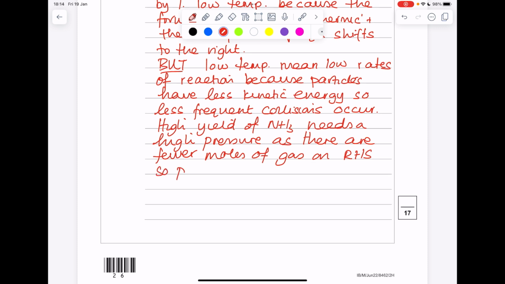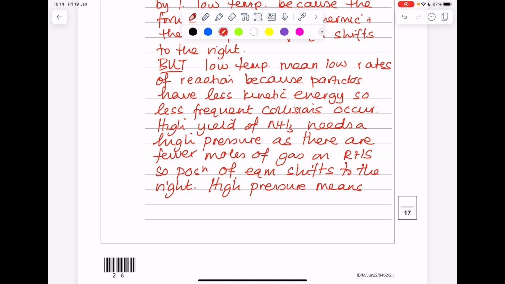So position of equilibrium shifts to the right. The good thing about high pressure is that that also favours a high rate of reaction. But high pressures are dangerous and expensive.